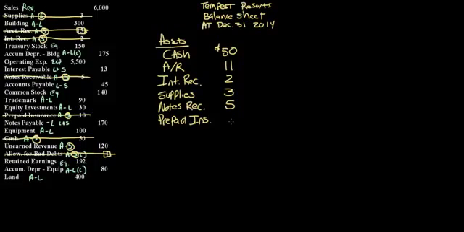So it's not going to actually generate cash. It's just going to reduce cash outflows. So here's my total current assets. That's $81.